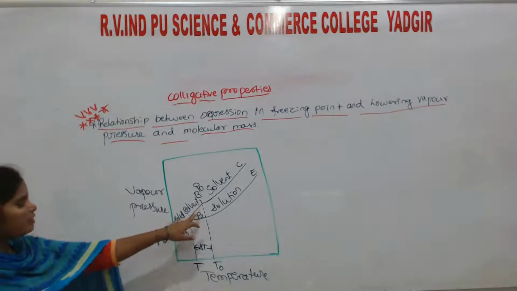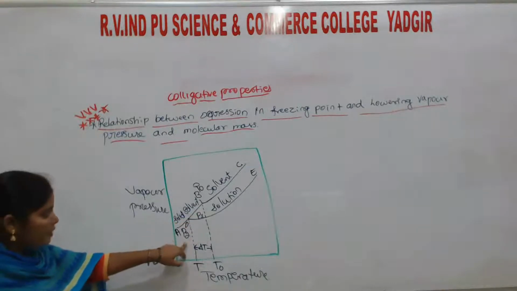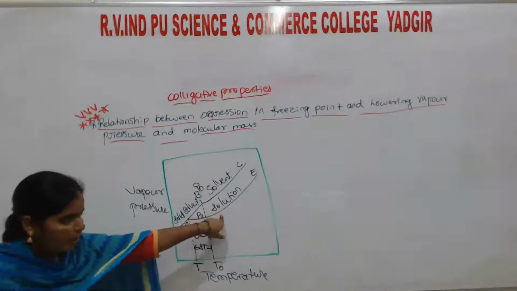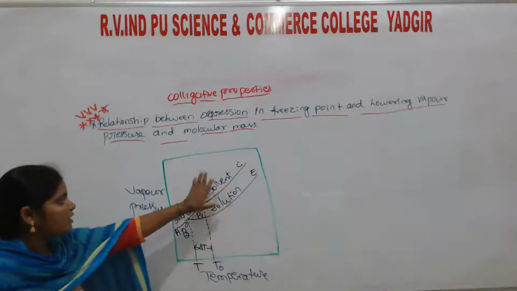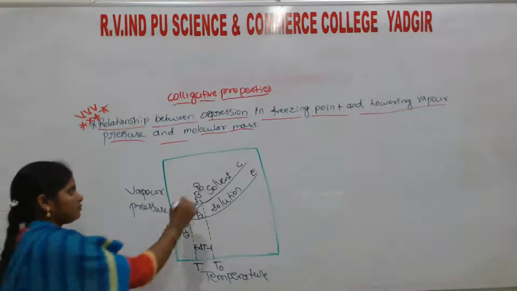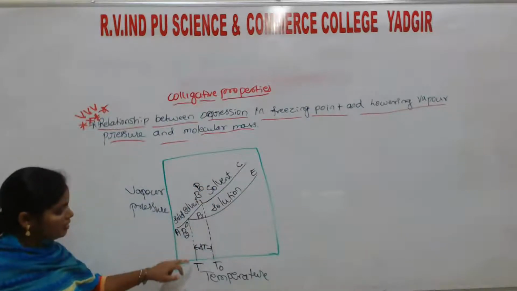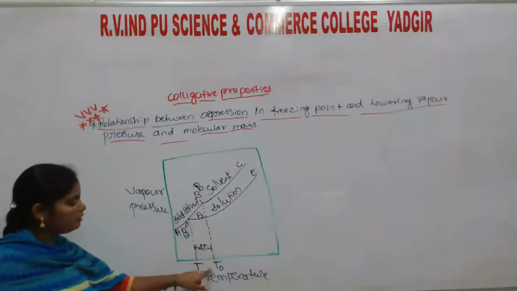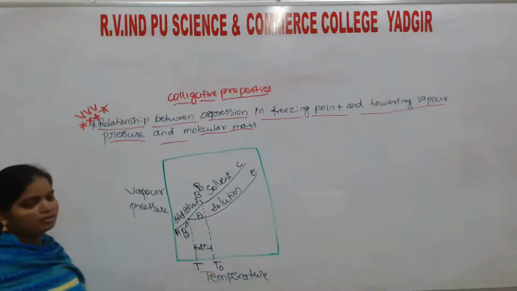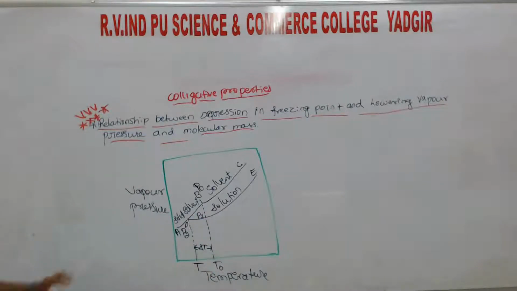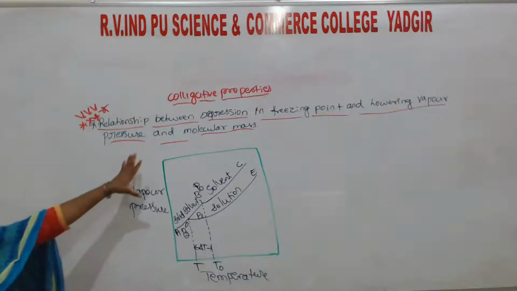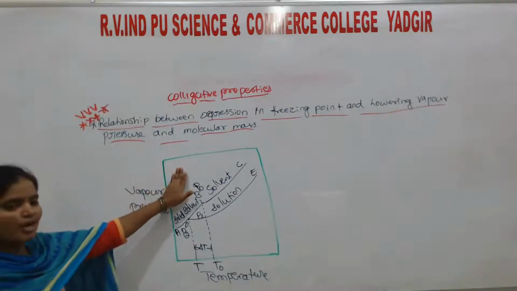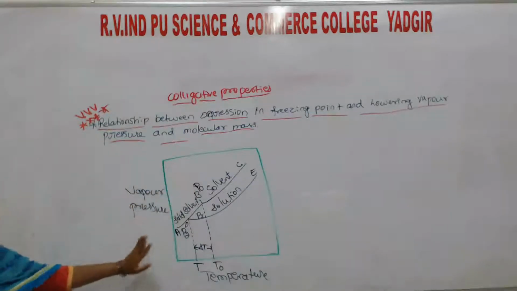Here this curve is the solid solvent P2, solution P1 and solvent P1. Here this temperature is T. See this graph, explain 5 to 6 lines about this diagram.